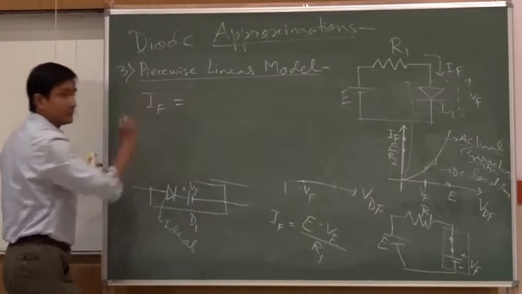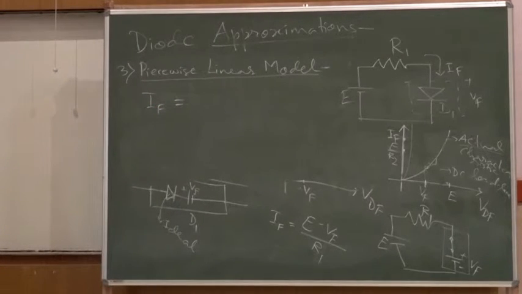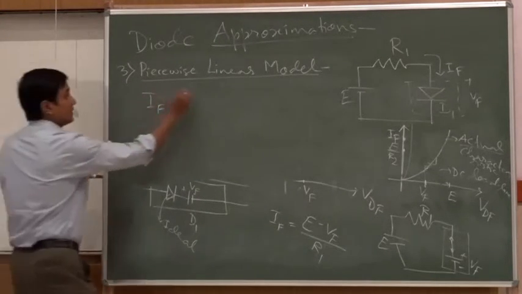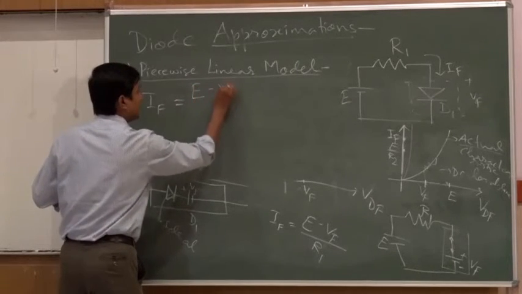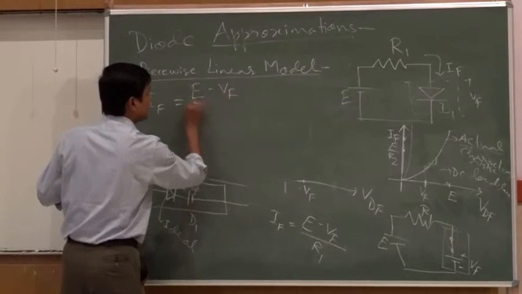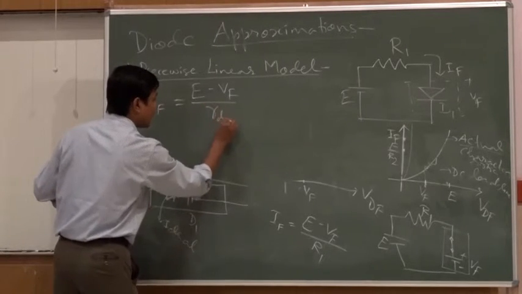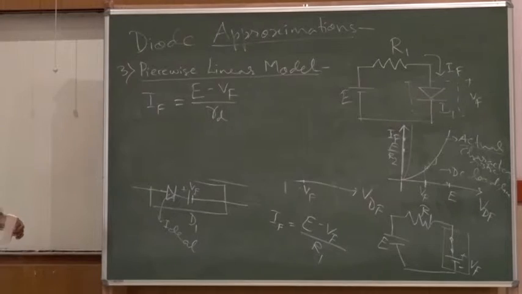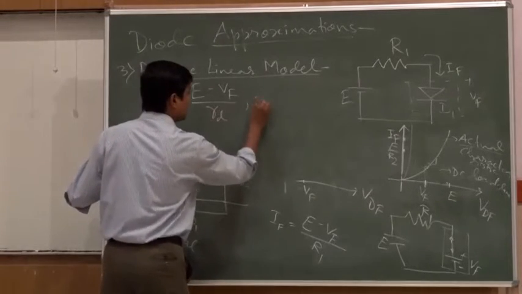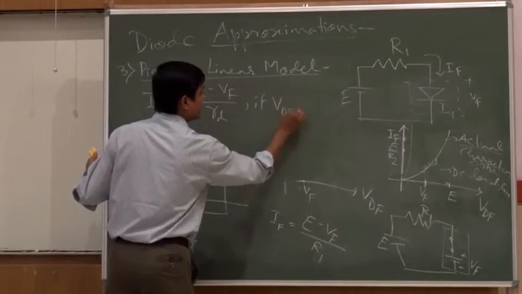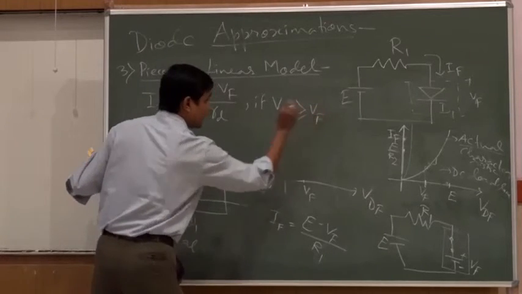So, IF in this case, I will not say like earlier that greater than 0, I will say E minus Vf by Rd if Vdf is greater than or equal to Vf.